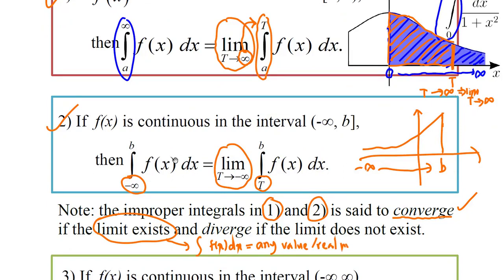But if the limit does not exist as a finite value, for example you integrate f(x) dx and get infinity, then the limit is said to diverge. So if the limit is finite, we say the limit is convergent, and if it is not, we say the limit is divergent.